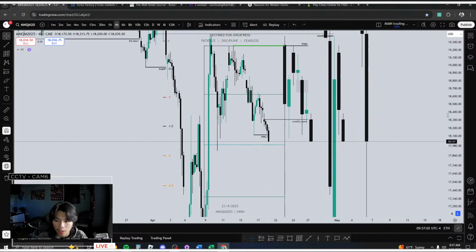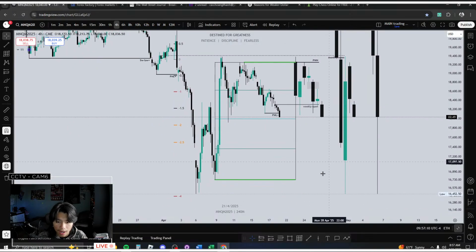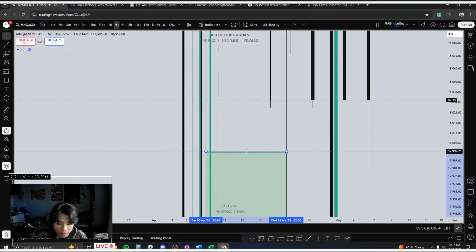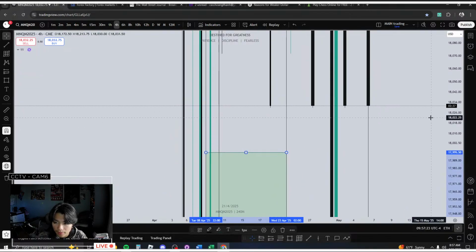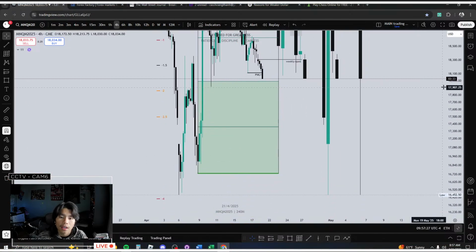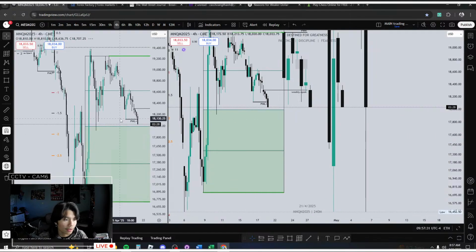Depending on how we close on this 4-hour candle, which is about to close in about 2 minutes, I would like to see us trade back into the discount of this daily range. I want to see us trade into this green shaded box, right?